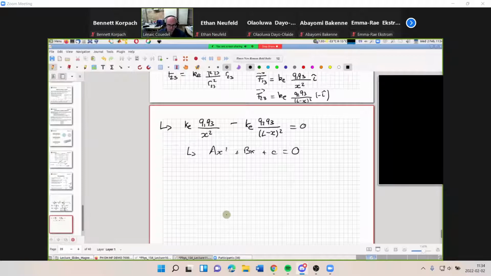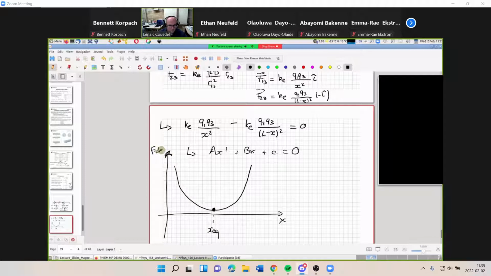Okay, imagine that the force changes like that. So this is x, and this is F total, which would be F13 plus F23.